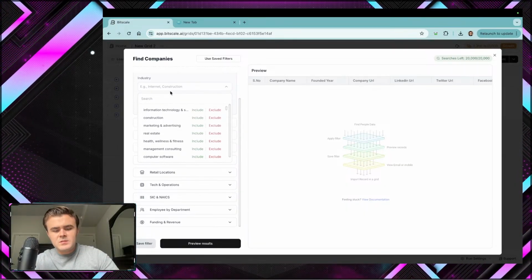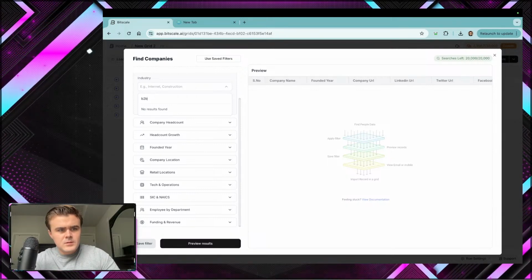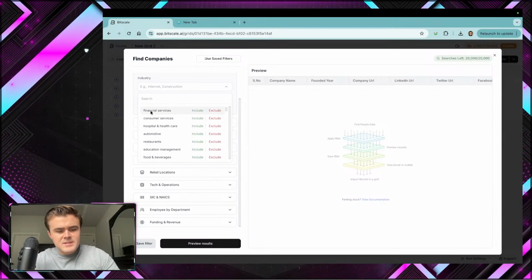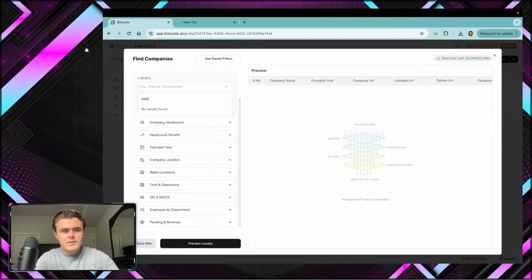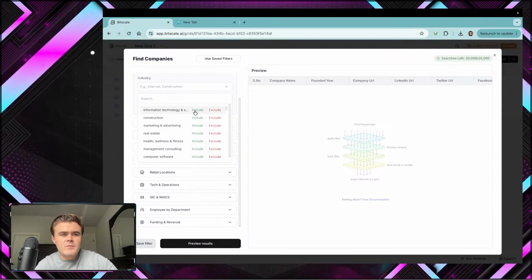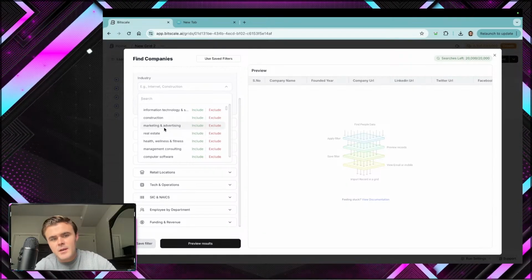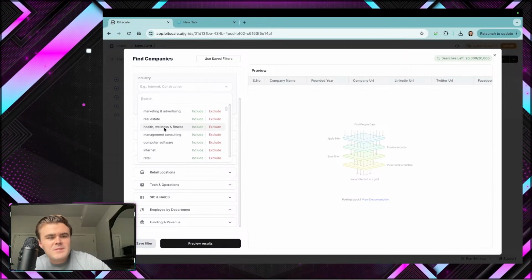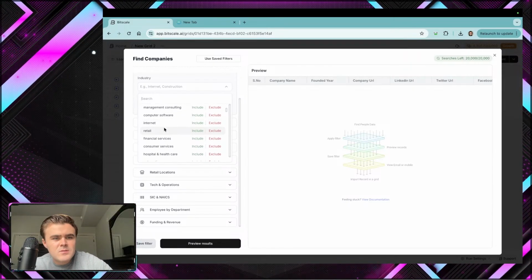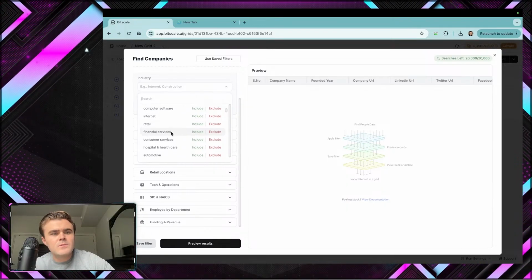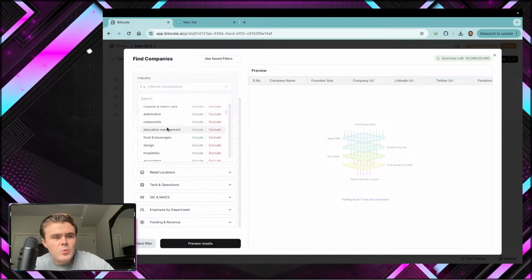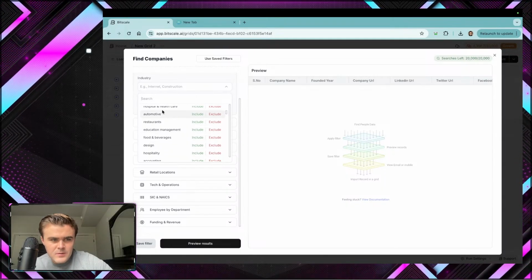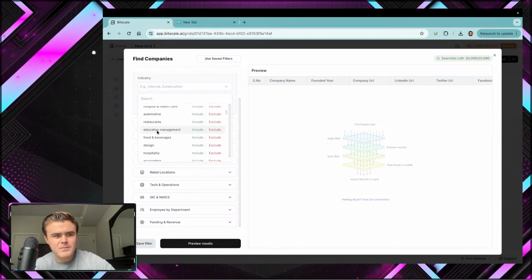So here's what's difficult. B2B SaaS is always very finicky. If you look here, there's information technology, construction, marketing, advertising. B2B SaaS is very difficult because there are people who sell software to restaurants and they'll put their company under restaurants.